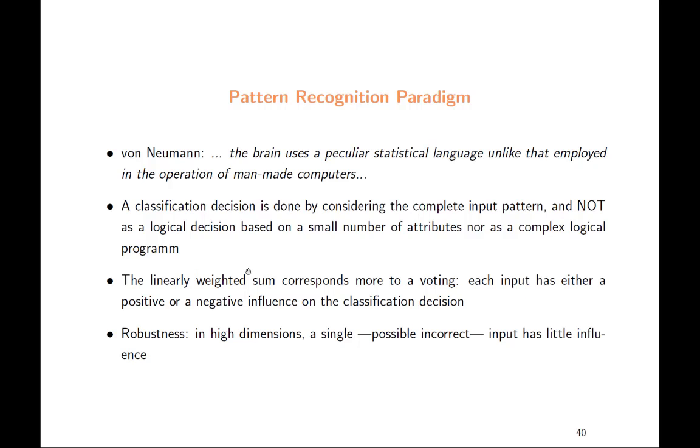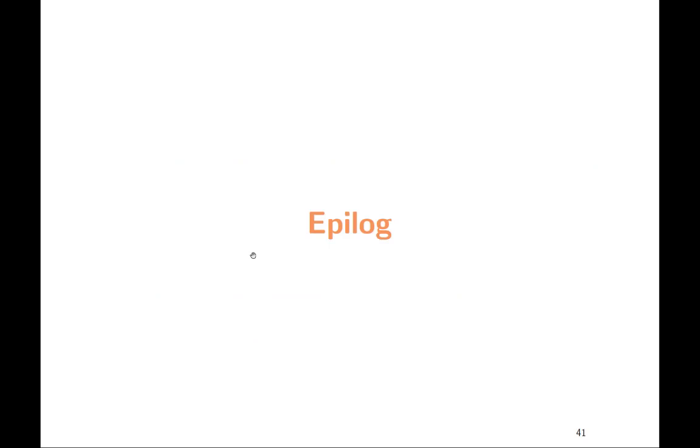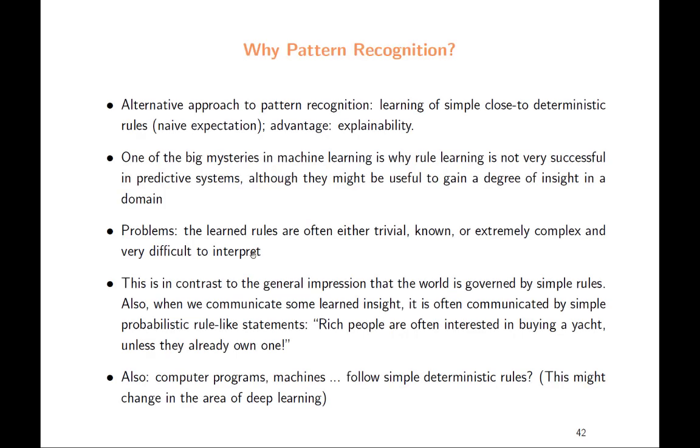So as we discussed already, the perceptron can be looked at as a voting. And the voting is sort of robust against problems with one input if the other inputs are correct, because then a single input has little influence on the classification boundary. Yeah, the alternative is to try to learn simple rules to solve the task.